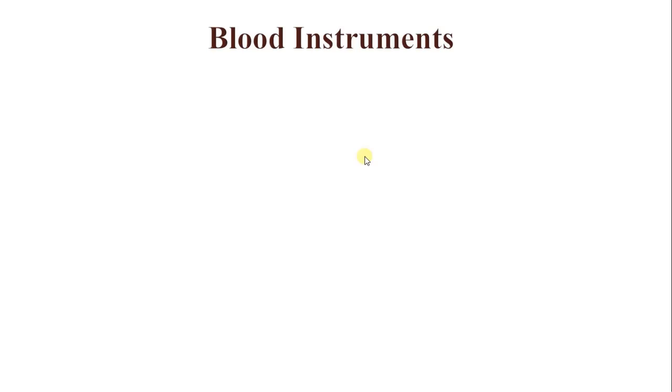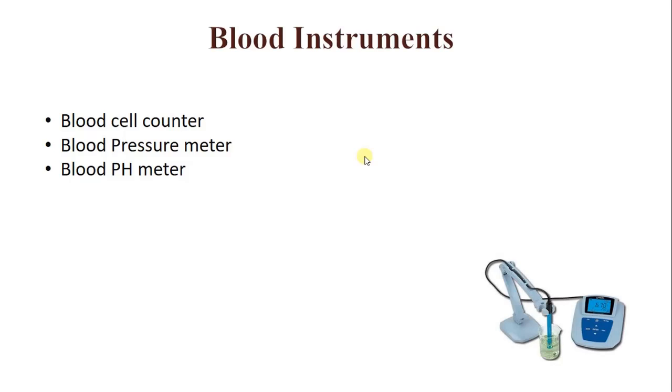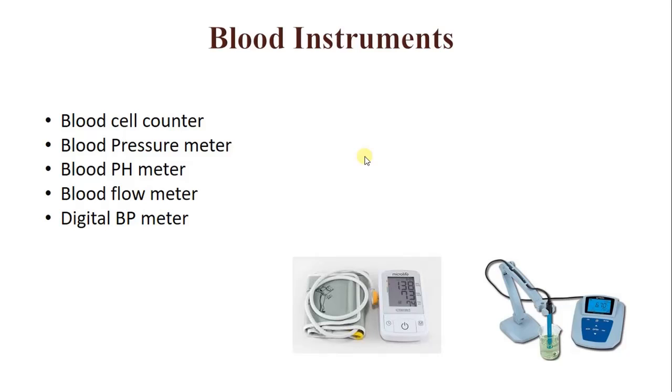Let's see the instruments related to blood. We have blood cell counter, which you can find in the clinical laboratories of hospitals. We have blood pressure meter, we have blood pH meter. You can see the figure of blood pH meter. It is used for measuring the pH value of blood. Blood flow meter, digital BP meter, that is blood pressure meter.